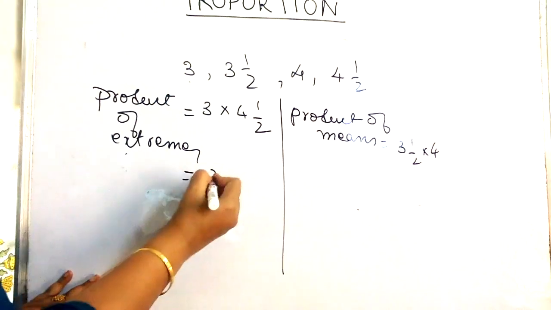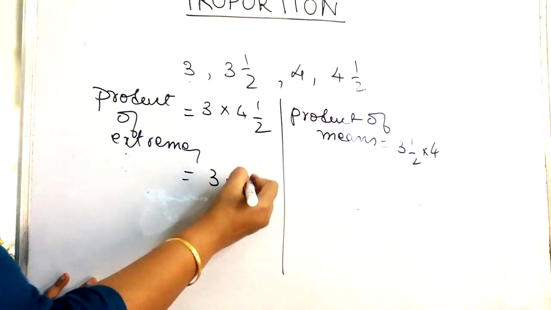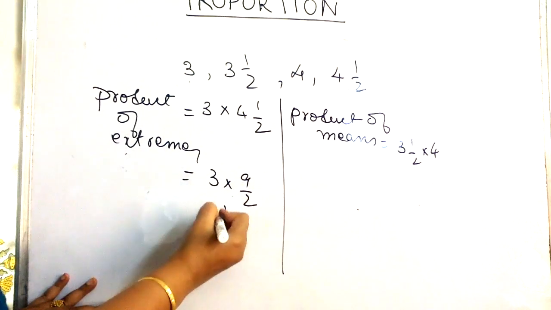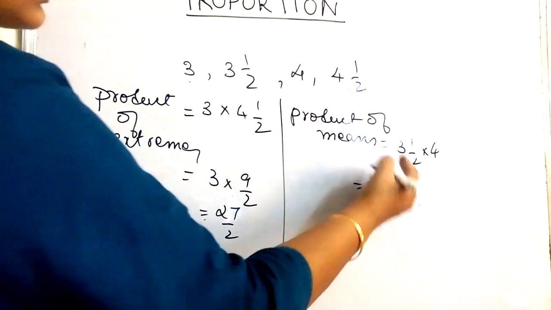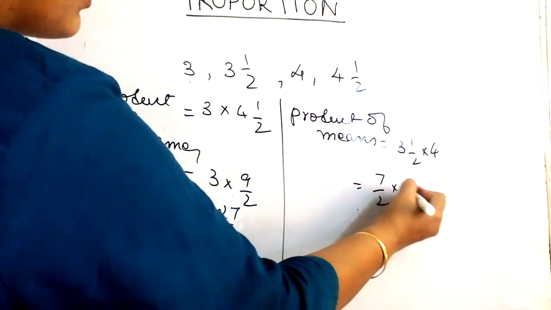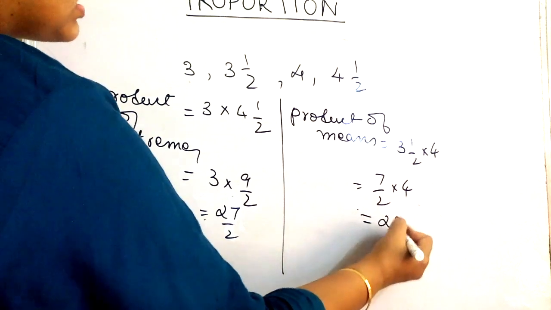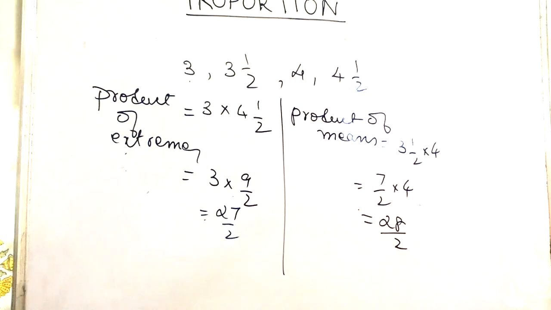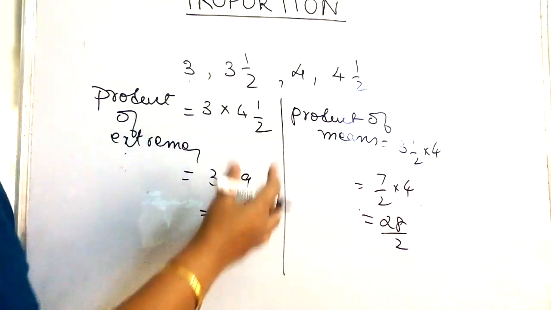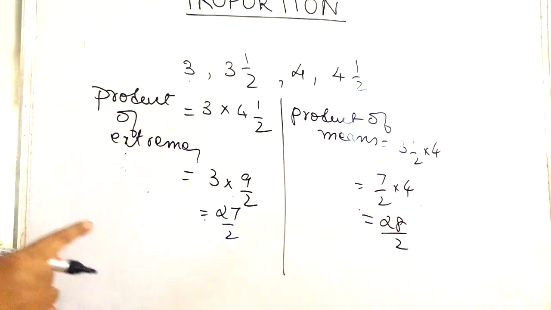Now let me see, 3 into 9 by 2 is 27 by 2. Here it is 7 by 2 into 4, that is 28 by 2. No, they are not in proportion. Since product of extremes is not equal to product of means, they are not in proportion.